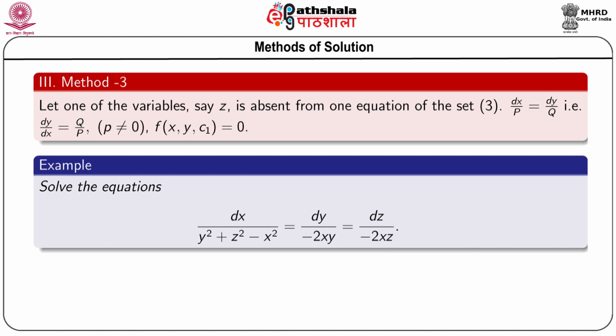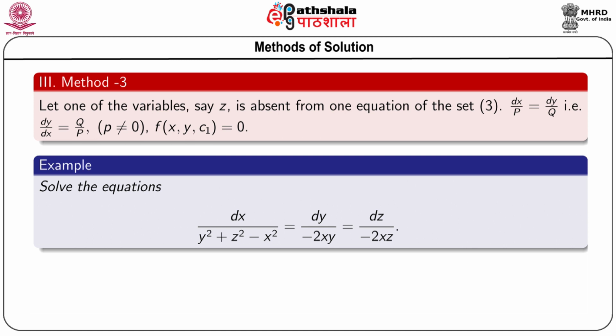Now, we are going to describe method 3, which is the simplest. In this case we assume that one of the variables, say z, is absent from one equation of the set. That means in the equation dx by p equals dy by q equals dz by r, z is absent.